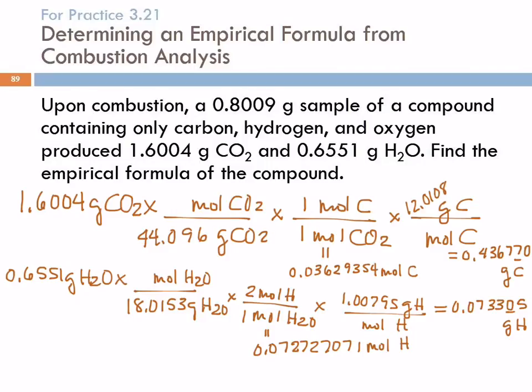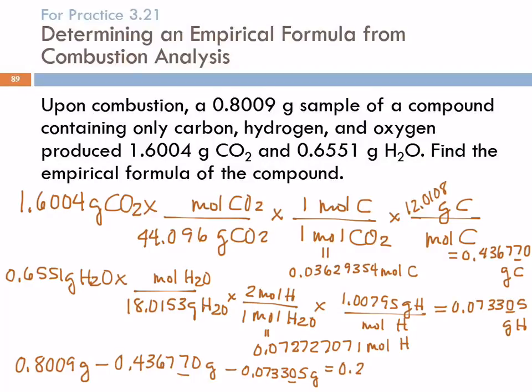So I'm going to take the starting mass of the compound, 0.8009 grams, I'm going to subtract the mass of the carbon, and I'm going to subtract the mass of the hydrogen. 0.8009 minus 0.43677 minus 0.073305. 0.2908.